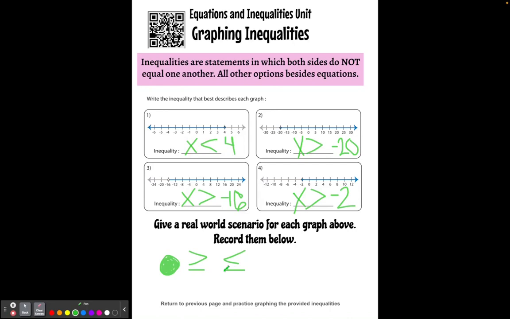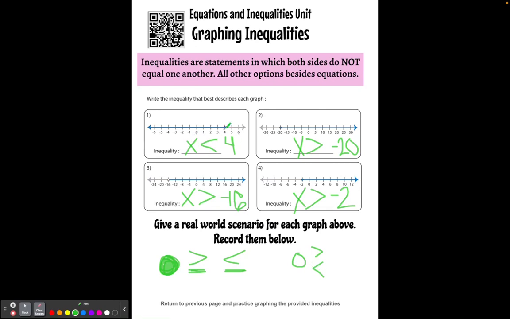I always say if you have an equal to symbol, you have something extra there, you're going to have something extra on the inside here. It'll be filled in. Okay. If you just happen to have a circle and it's not filled in, it's just an open circle, that means your symbol is going to be, sorry, greater than or less than, no equal to parts.